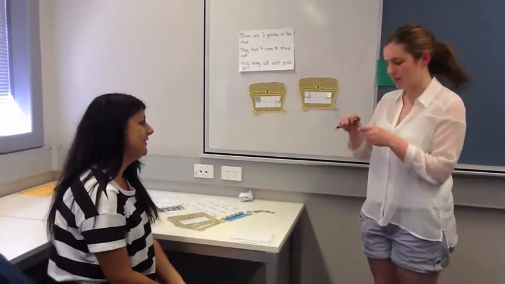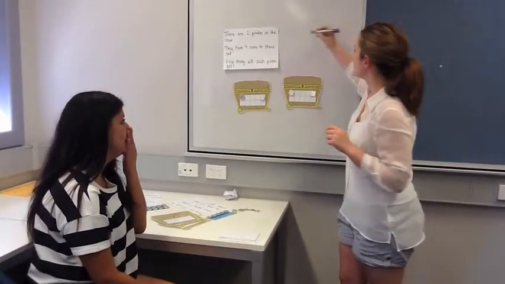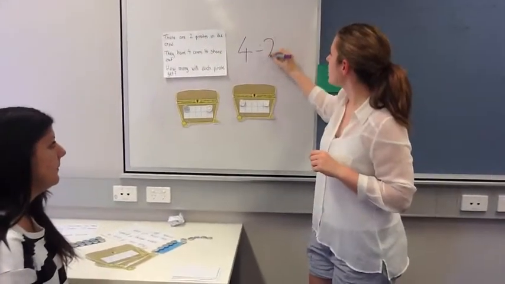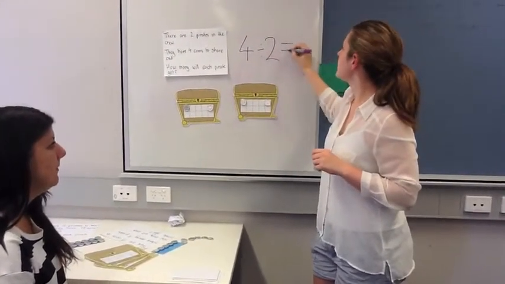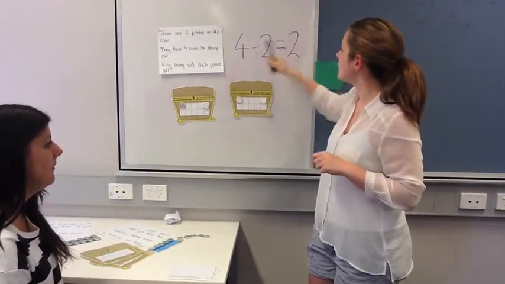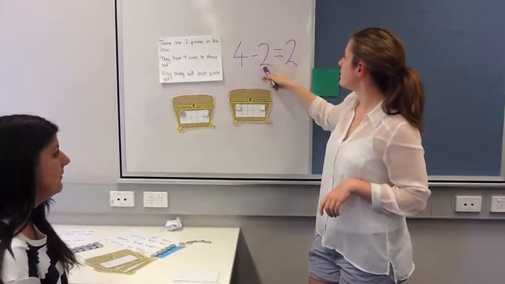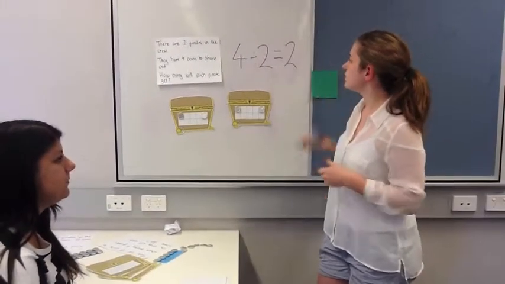I just divided them and spread them out equally. Very good. Okay, so we're going to write it mathematically now. We have 4 coins shared between 2 pirates, which the answer is 2. So our 4 is again our dividend, shared between 2, our divisor, and our quotient is 2 also.